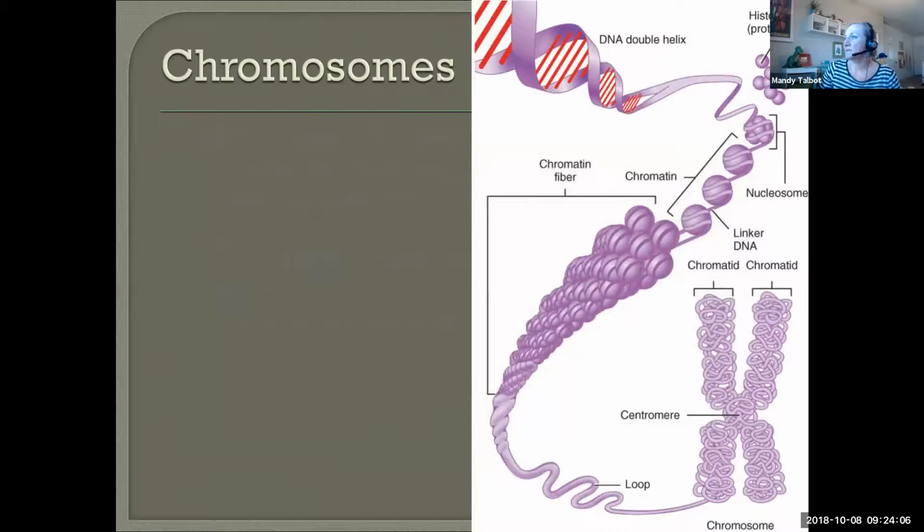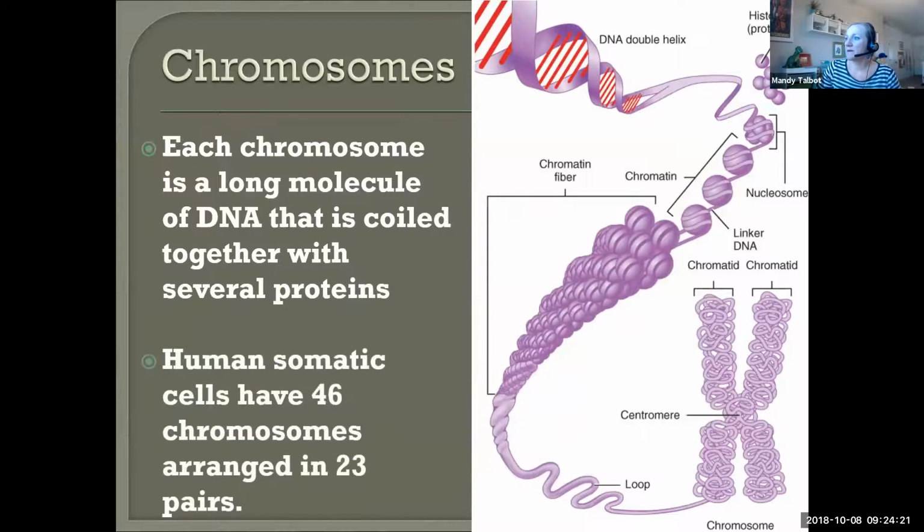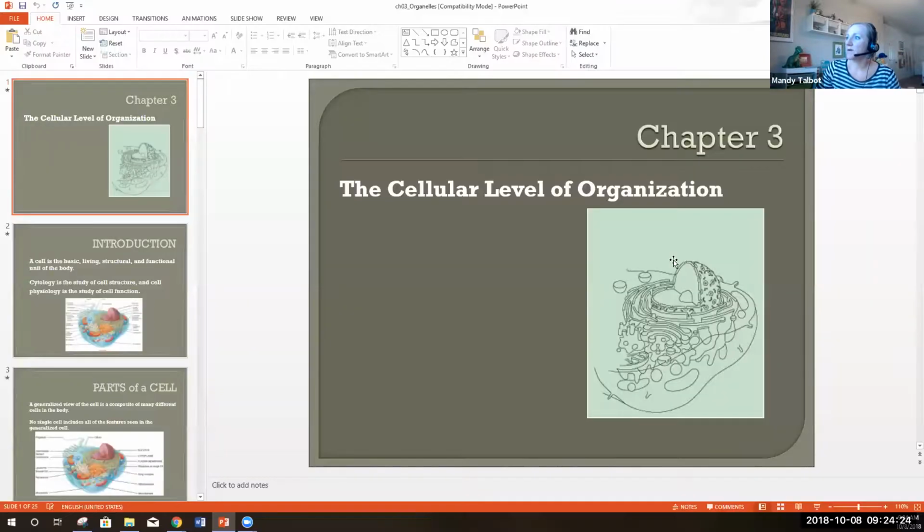All right, so again, here you see the DNA, the double helix. It winds around these little histones and packages into chromosomes. Chromosomes, you see the long molecules of DNA coiled together, and then kind of went through that already.